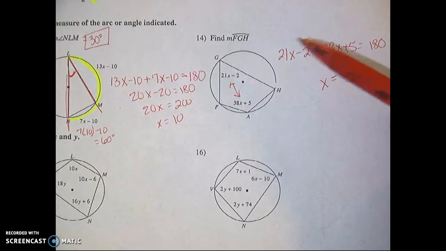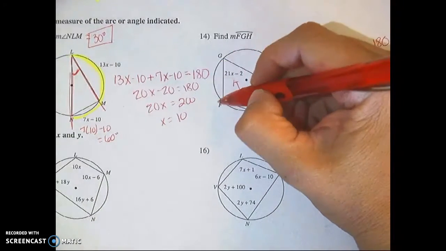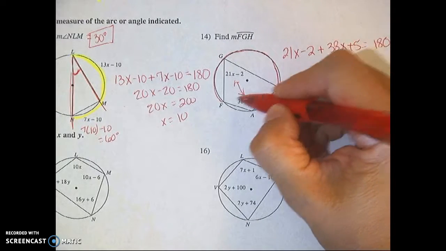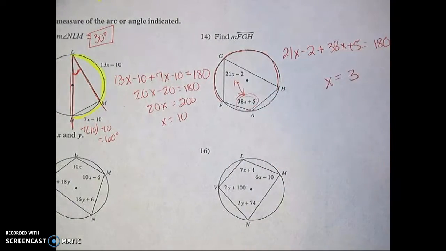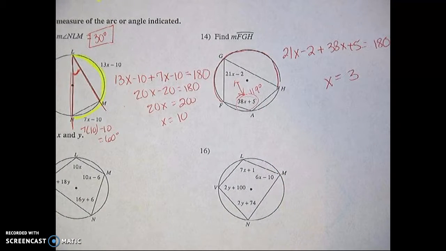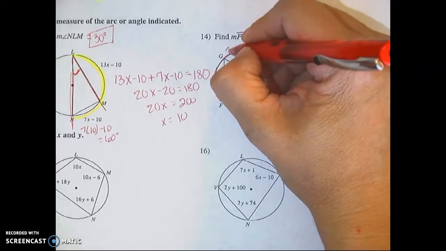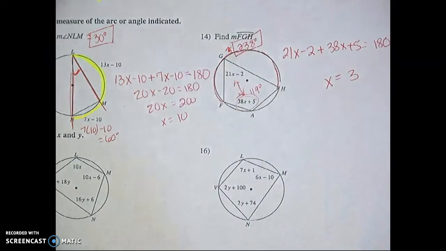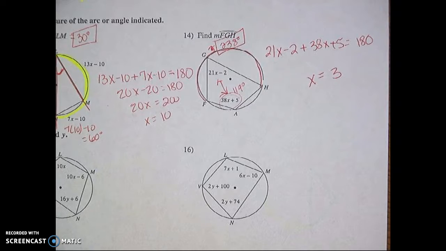And then you plug it in. You're trying to find the arc measure FGH right here. So if I plug it into this angle, which goes with that arc, you get that angle is 119 degrees, which would make the arc 238 because it is twice that. So you can double check those when you get that.